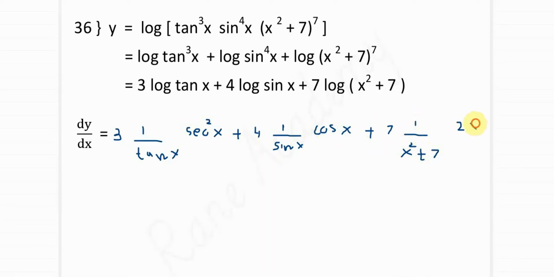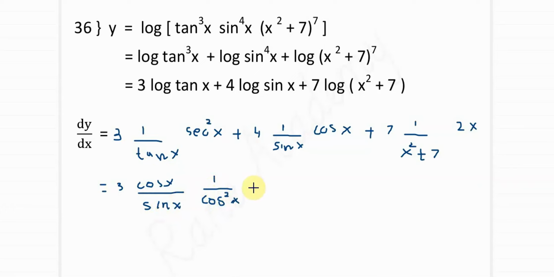Now we simplify this and write the answer properly. Now 1 upon tan x is cot x, and cot x is cos x upon sin x, and sec square x is 1 upon cos square x.